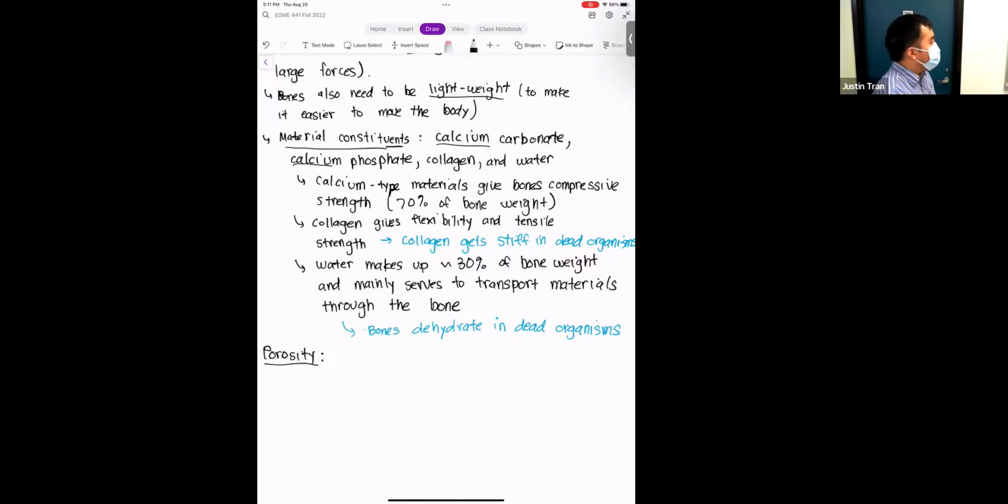All right. And so porosity gets its name from the word pores. If you actually cut open a bone, you see that it's not a completely solid material.